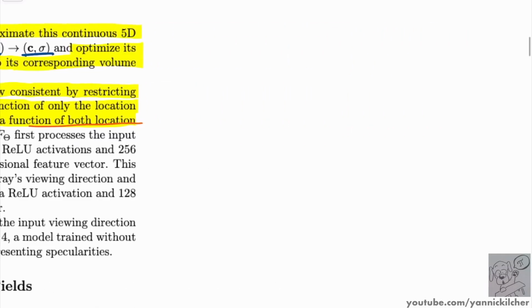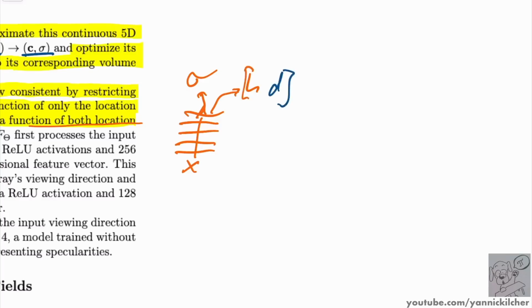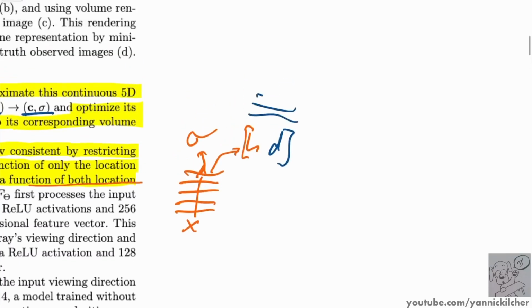What they do is they input X, the location, and yank this through a network. They get out two things: first this density, and also a hidden representation. That hidden representation they then concatenate with the viewing direction, and that goes through another stack of layers in order to give them the color.